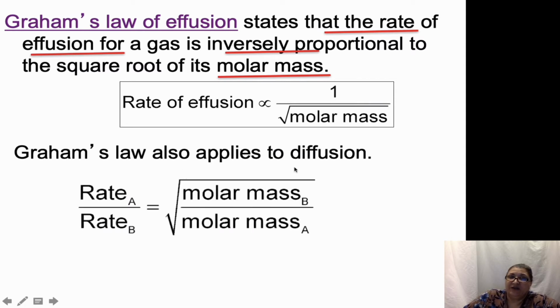Now, if you want to compare the rates of two gases, it's an inverse. So if you want to compare the rate of A versus B, you put the molar mass of B over the molar mass of A and then take the square root. That's Graham's law.